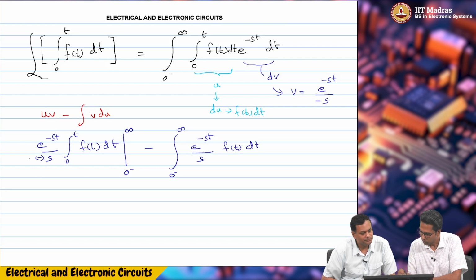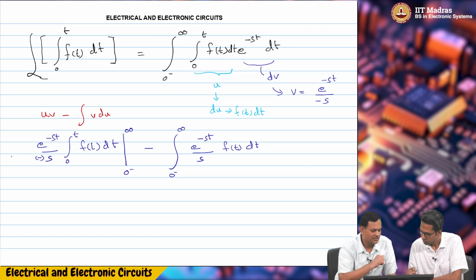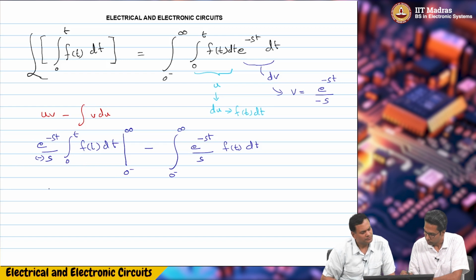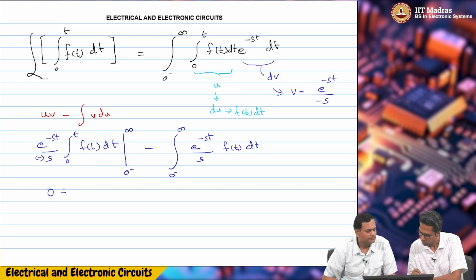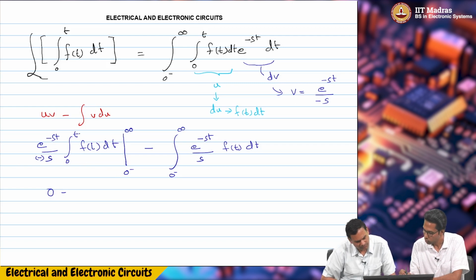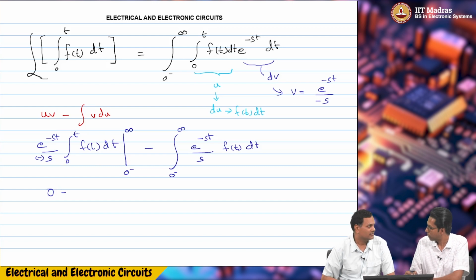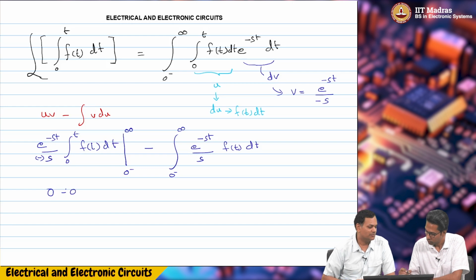Here let's apply the limit. At infinity, e power minus st should be 0, so that is 0. Then at the lower limit we are integrating from 0 to 0, when we give time t equal to 0, so that is also 0.